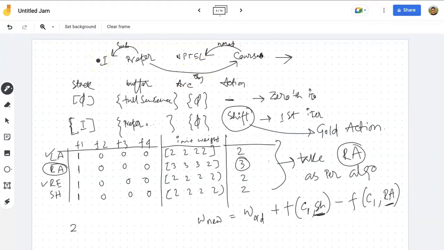So what is the old thing? The old thing is 2 2 2 2. This is for left arc. Then for right arc it is 3 3 3 2.